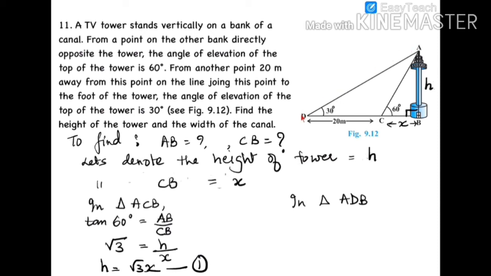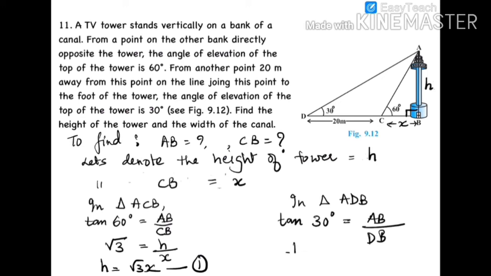So here ADB is a right triangle. In this triangle, AB is opposite to the 30-degree angle and DB is adjacent to the 30-degree angle. So the ratio of opposite to adjacent will give us tan of 30 degrees. So we can write tan 30 degrees is equal to AB upon DB.